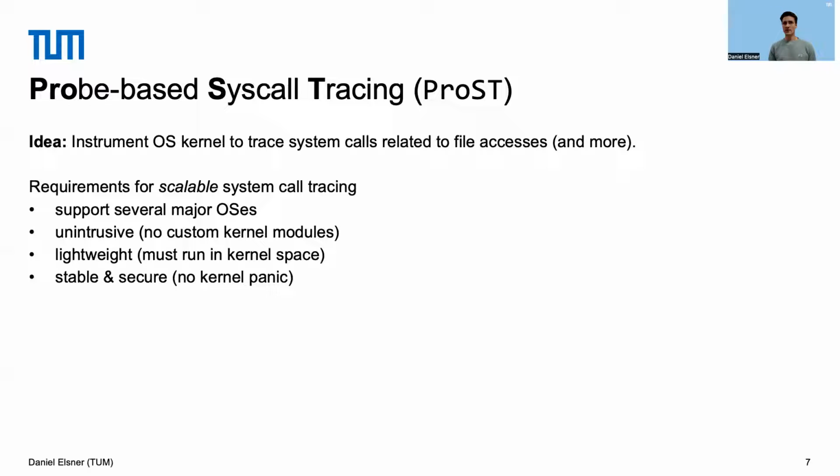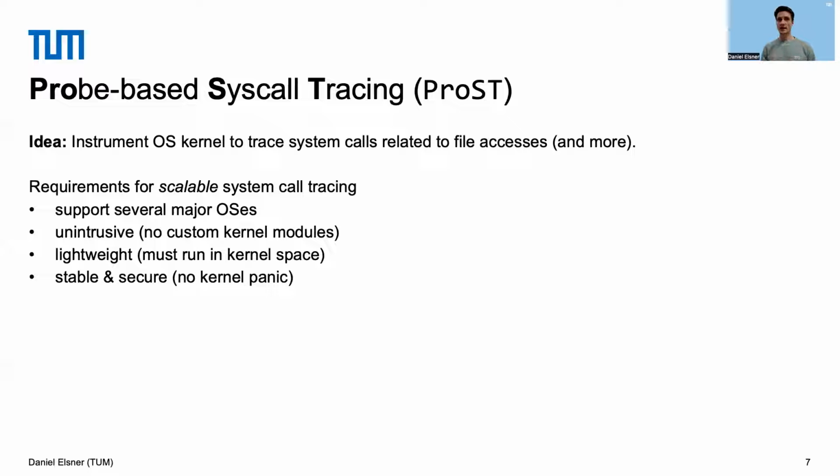And here are again summarized the requirements for scalable system call tracing. So what I just mentioned about the shortcomings of RTS Linux, we obviously need to support some more environments and try to solve these shortcomings. So first, we need to support several major operating systems. It needs to be unintrusive. We do not want some custom kernel module that we need to load into the kernel.